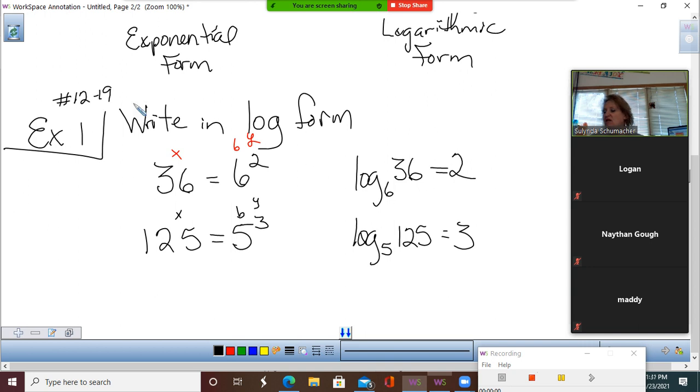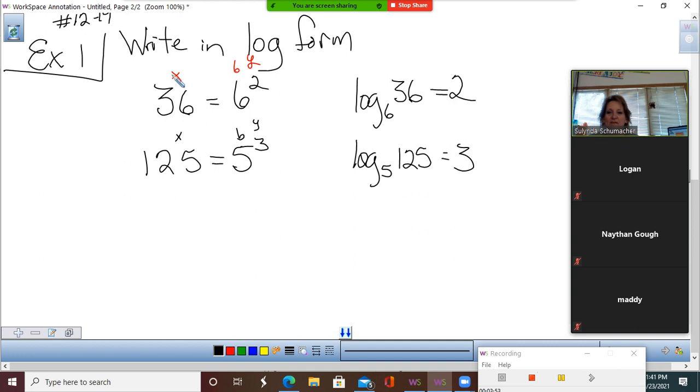Let's do one a little bit tougher real quick here. How about, move this up a little bit. What if I had it written this way? Let's say I have 1/2 to the 3rd equals 1/8. So I flipped it this time, right? Out of these 3 numbers, this one is my x value.